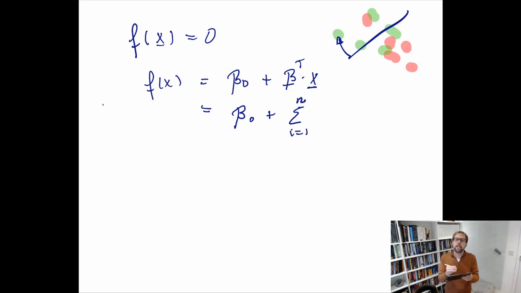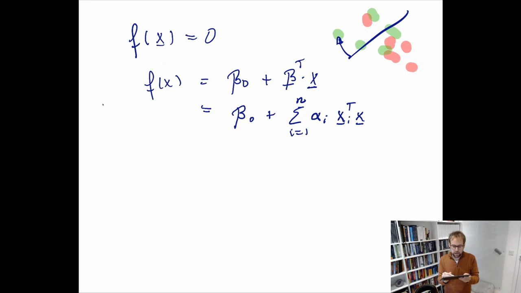N is the number of data points, not the dimension of the space here, times some coefficients which are called alpha, and here I have this inner product now between my data points and now my vector x. It can be shown that once I find this beta, these betas will effectively be proportional to, will basically be represented by this sum here.